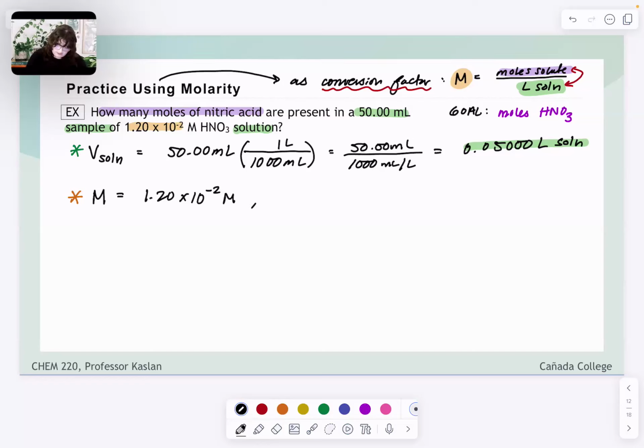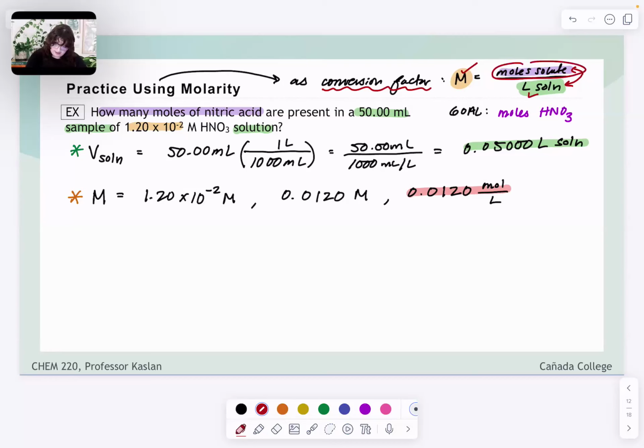Another way we could write this is just moving our decimal over, 0.0120 molar. And if you want to expand it, where it is our unit, you could also rewrite the capital M as moles per liter. Okay, I have officially found my molarity and my liters.